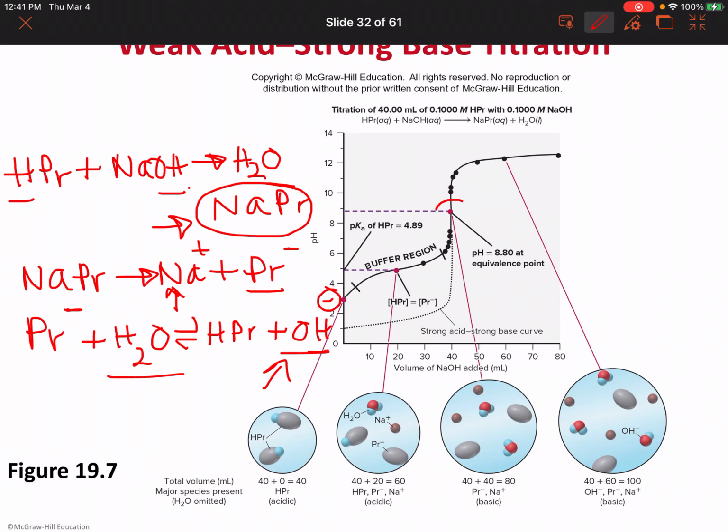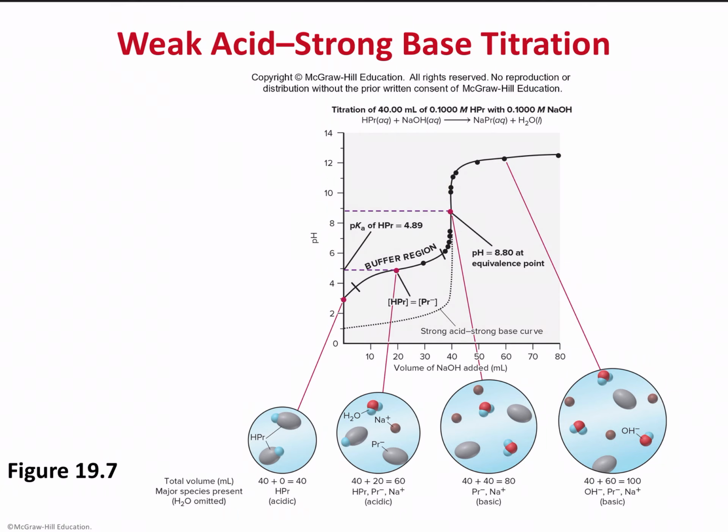So the equivalence point will occur at a pH greater than 7, 8.80 at the equivalence point. And then when you keep on adding a little bit more hydroxide, it's going to follow the same pattern as a strong acid strong base titration, and you will see that it follows the same path. But the initial part is different because we are working with a weak acid and a strong base. Okay, all right.